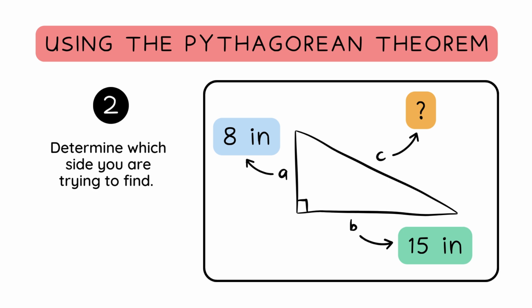The side length for A is 8 inch and the side length for B is 15 inch. That means you have to find the length of the hypotenuse, that is C. One thing I should tell you is that C is fixed. A and B can be interchangeable, you can say B is 8 inch and A is 15 inch, but C, the hypotenuse, can't be interchanged with A or B.